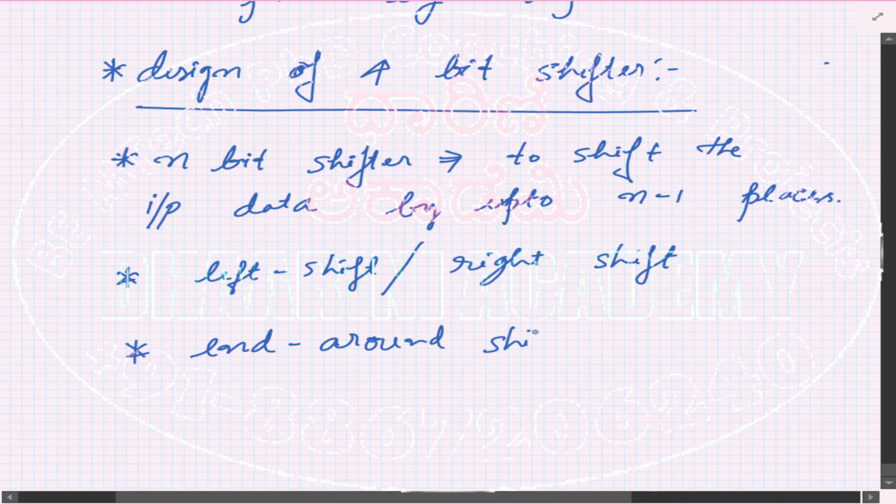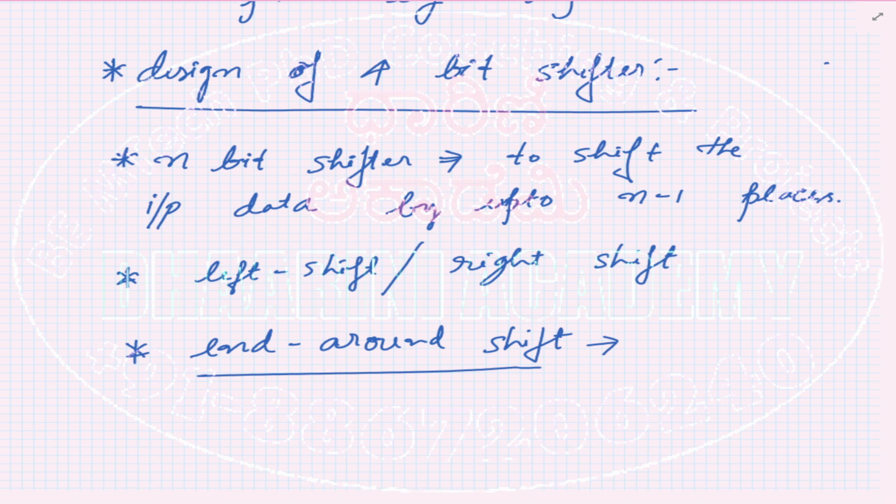There is another version of that. Normally whenever you shift, data goes out of your device. But when you say that I want to design an end around shift, the idea is that any bit shifted out at one end of the data word gets shifted in from the other side.